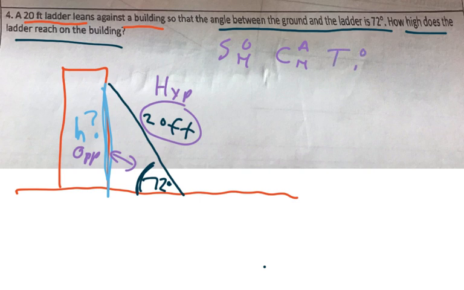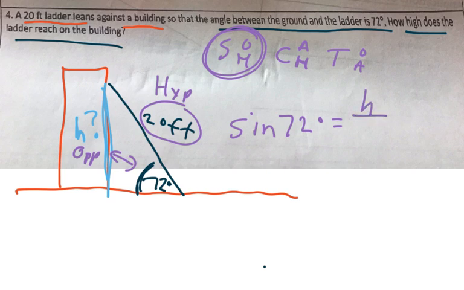SOHCAHTOA, which one uses opposite and hypotenuse? It's sine. So therefore, I know I'm going to say that the sine of 72 degrees must equal H over the 20. Again, I'm going to do the opposite, which is missing, over the hypotenuse 20, that's sine.